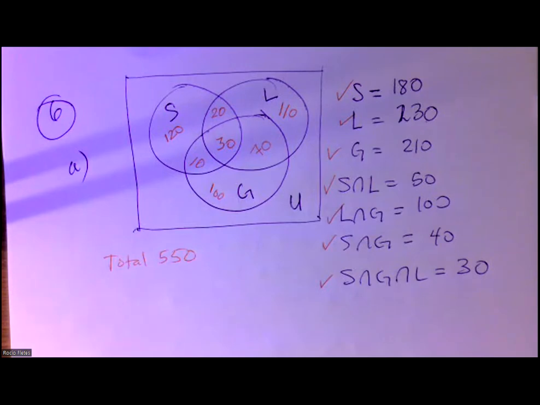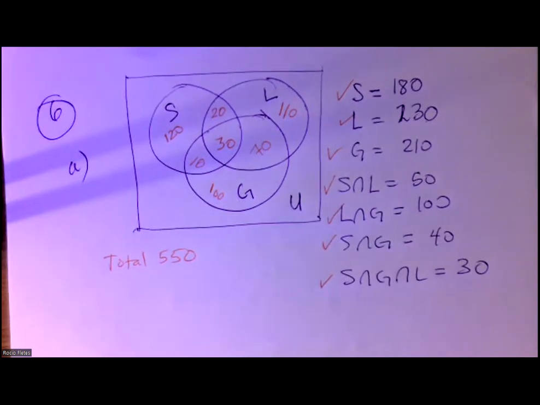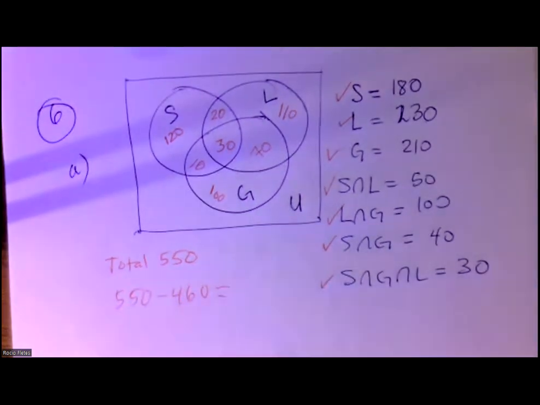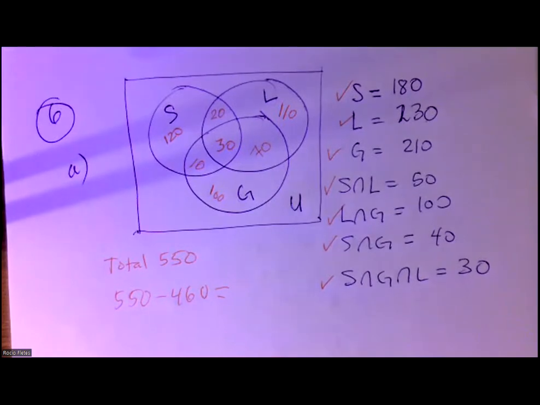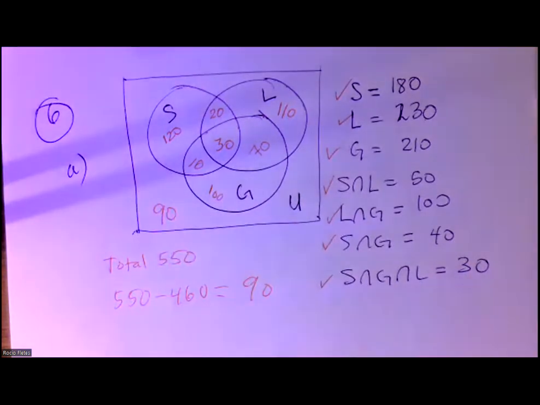I get 120 plus 10 plus 30 plus 20 plus 110 plus 70 plus 100. Okay, I get 460. So you get 550 minus 460. We get 90. So 90 goes outside there.